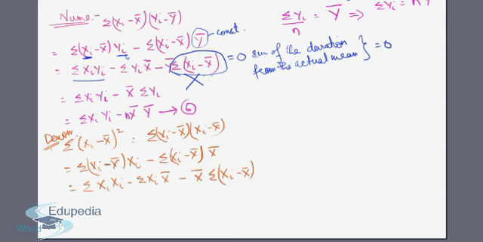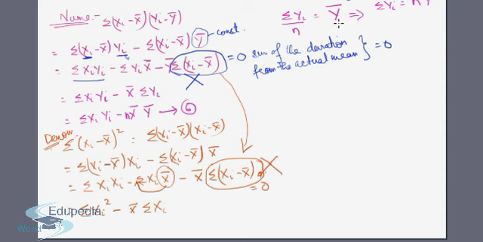Automatically, using the same logic, same property, this will also become 0, and by virtue of this the whole second term becomes 0. So I'm left with just this. I'll have summation xi square minus, this being a constant, it can be taken outside the summation sign. So we'll have x bar times summation xi.